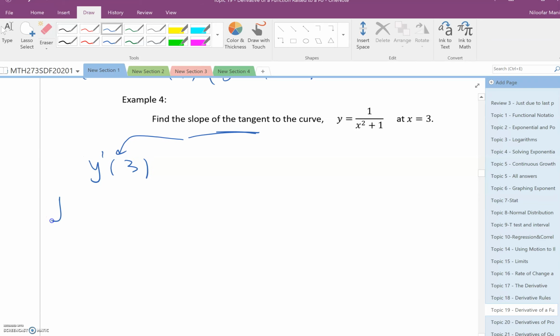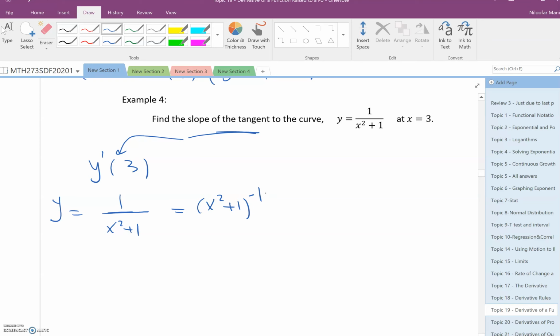Okay, so y is 1 over x squared plus 1. Let's say we don't know how to do the derivative of division. I learned it in topic 21, but right now it's topic 19. I know I told you, but so it is x squared plus 1 to the power minus 1.